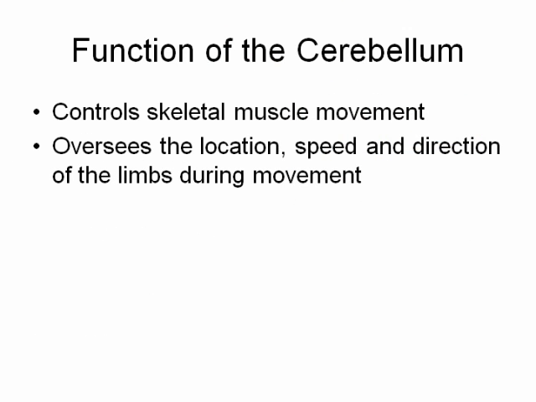If you're looking for a function, again, it's going to control skeletal muscle function. It's going to control location and direction and speed of your limbs. And so how fast your arms are moving, how fast your legs are moving, where your arms are, where your legs are. It does also lend a hand in balance and coordination.